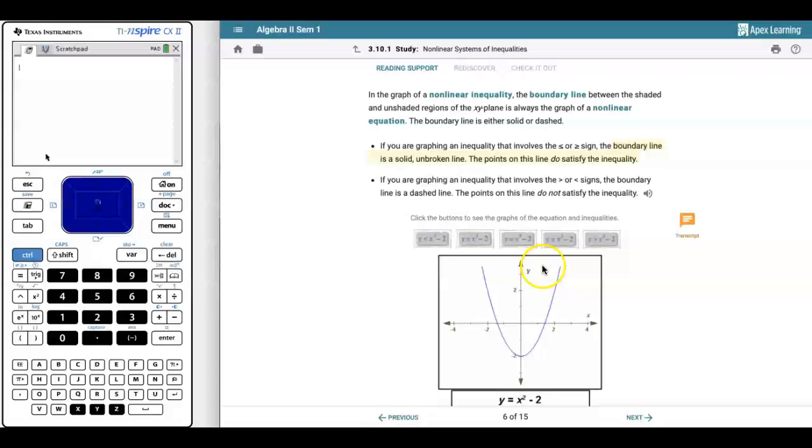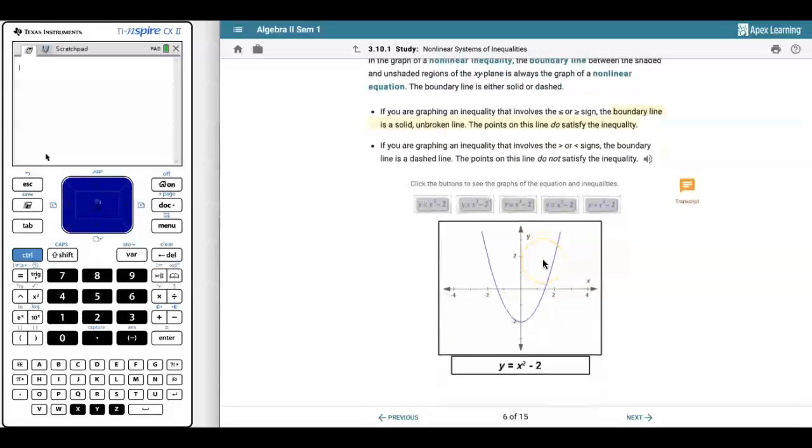So for example, these are all going to have the same expressions, but it's going to differ based on the inequality symbol. So here's what our original looks like. All right. If we are less than that, we shade the region underneath. And this is actually less than or equal to, so we keep the solid line.